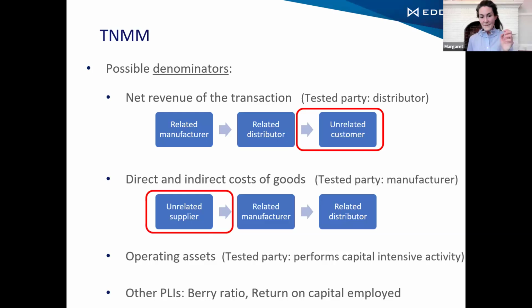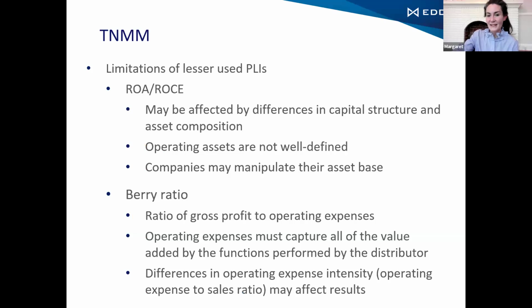And it's not only knowing if an entity is capital intensive or not, that's part of it, but also how you are going to define operating assets. It's really difficult to define operating assets.